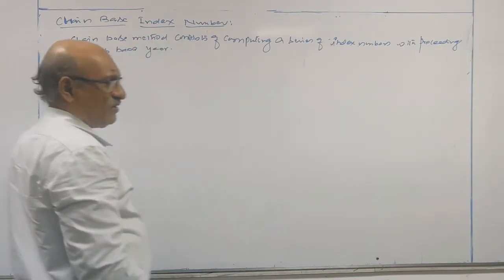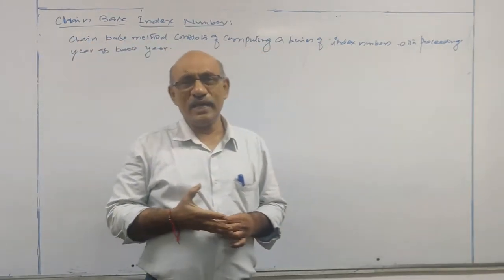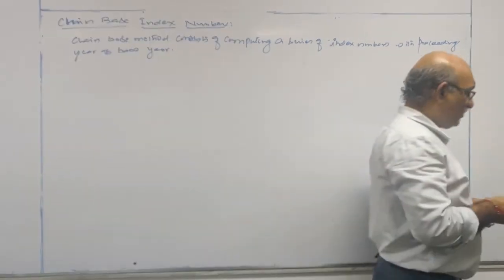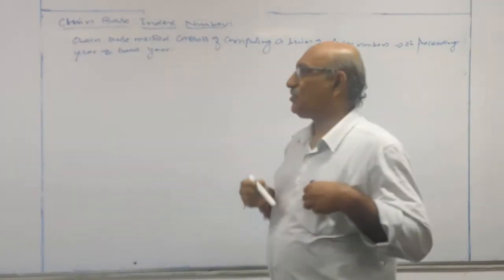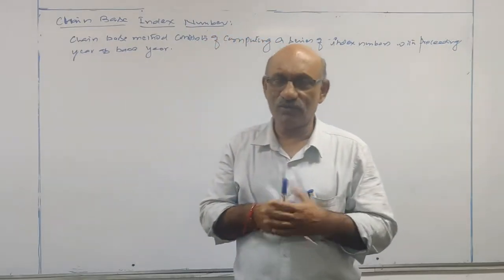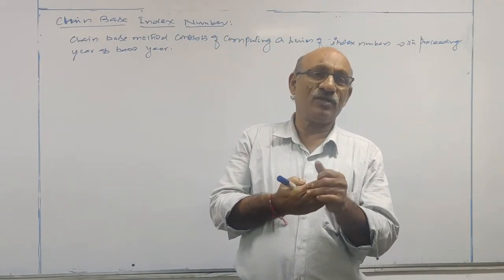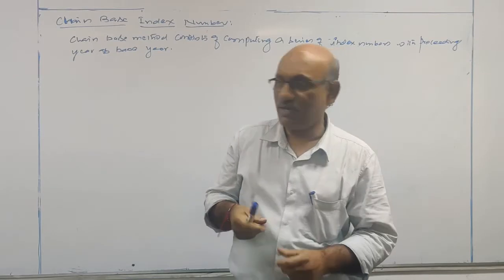This is the difference between FBI and CBI. FBI means fixed base index method, CBI means chain based index numbers. In chain based index numbers, we take the preceding year as the base year.